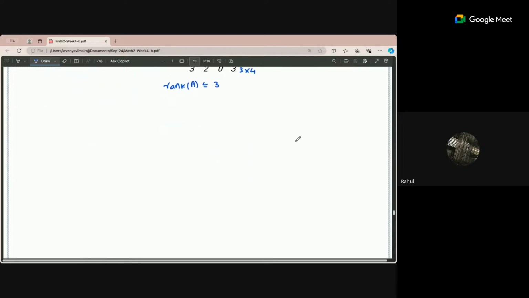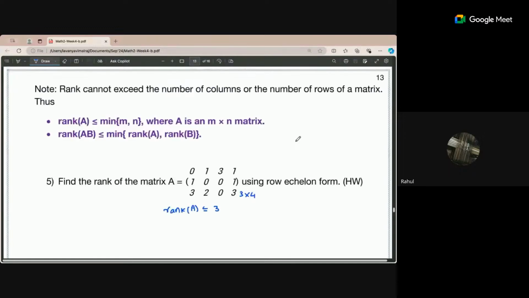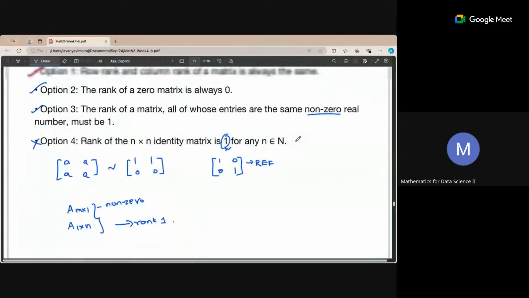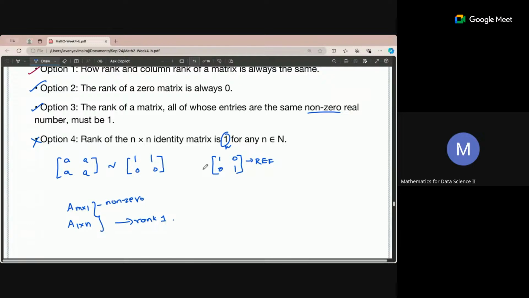Ma'am, can you again explain the identity matrix one? Can you scroll up? See, all identity matrices are in fact in RREF form, right? Ma'am, I can claim that using just this 1001 and scalar multiplication, I can always reach all of the identity matrices. So shouldn't it be 1 always? No, no. Number of non-zero rows. See, the definition of rank: let us call this I2.